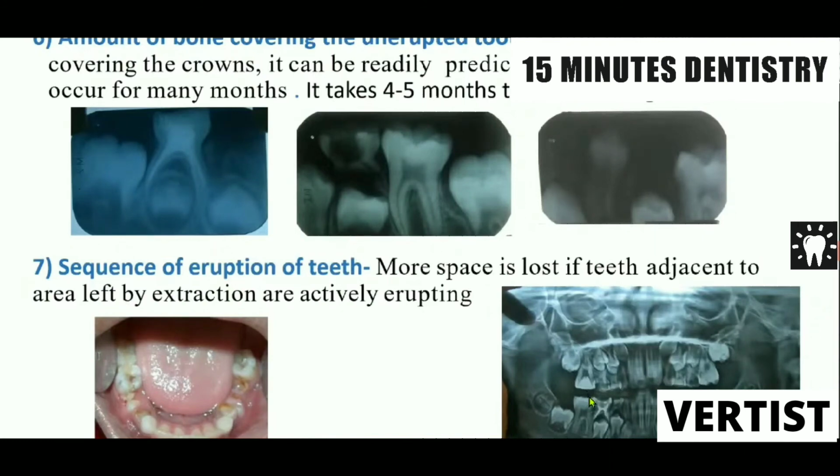And this is a situation where space maintenance is not an emergency, but space maintenance should be considered at the earliest possible as an intervention.